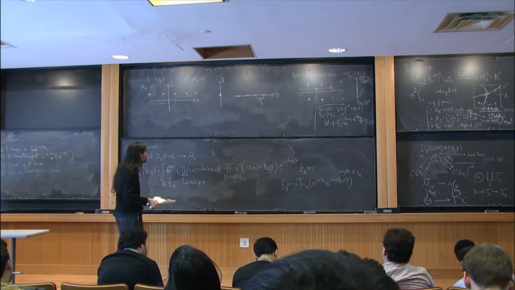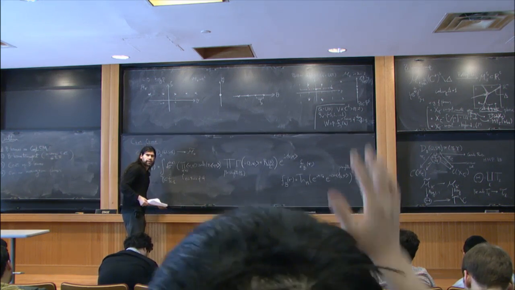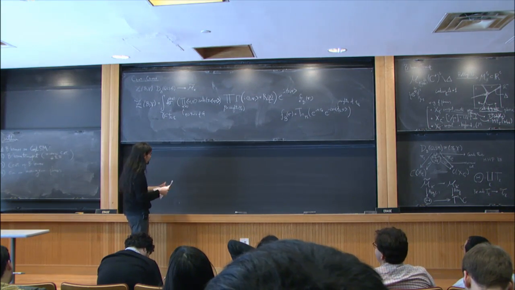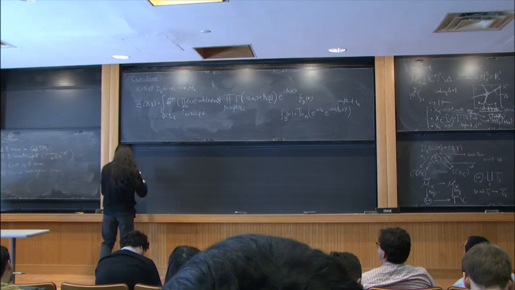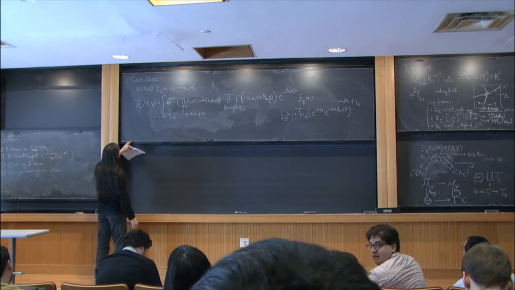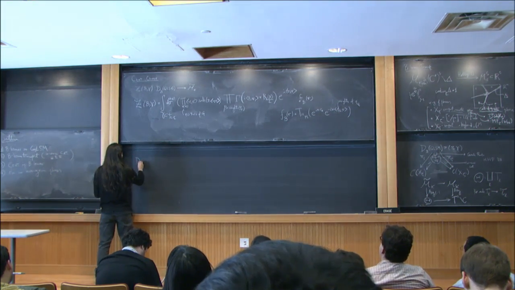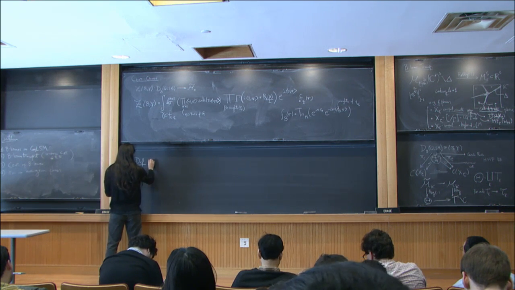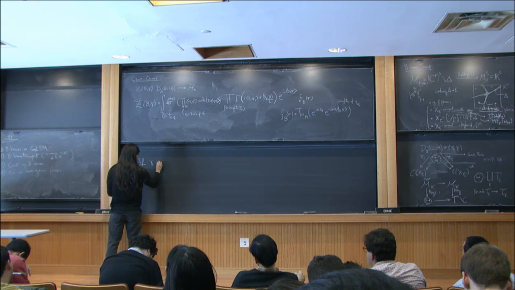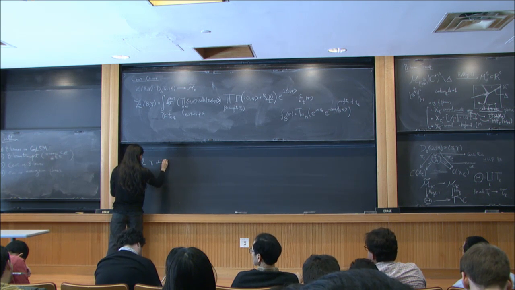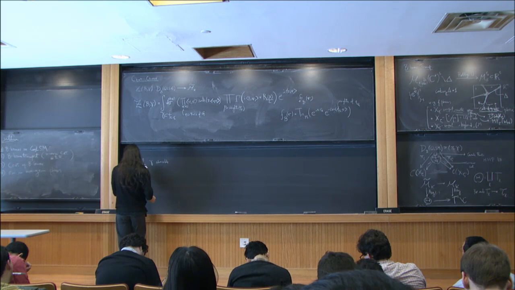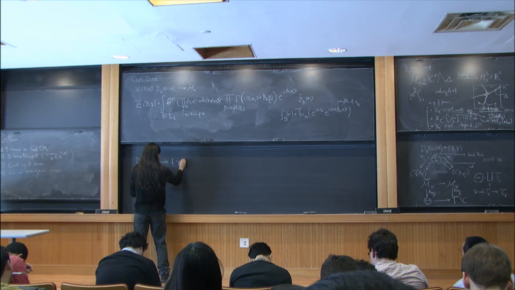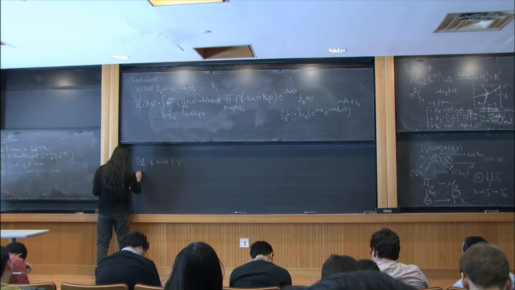Now, given this, I can give you a more detailed definition of the contour gamma, which is something I wanted to remark. Definition: I call gamma admissible if gamma satisfies the following conditions.